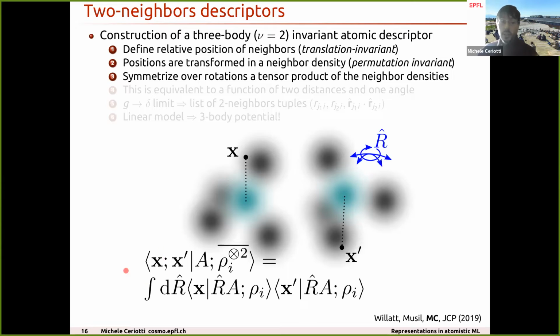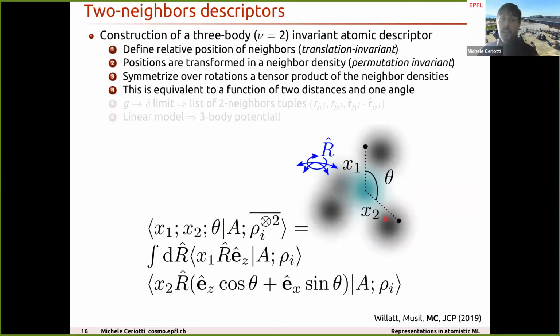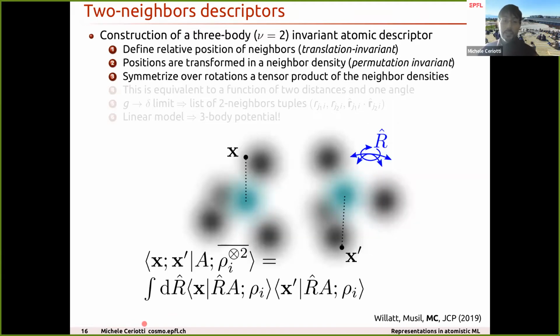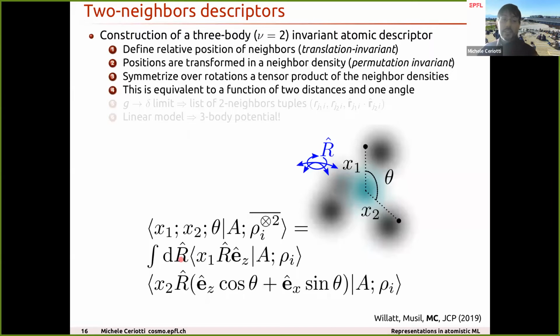However, since I'm evaluating the density at 2 points, I actually have information on the relative position of 2 atoms. So we could rewrite this expression as the integral over rotations for a single density evaluated over a stencil, which is defined by 2 distances and 1 angle.